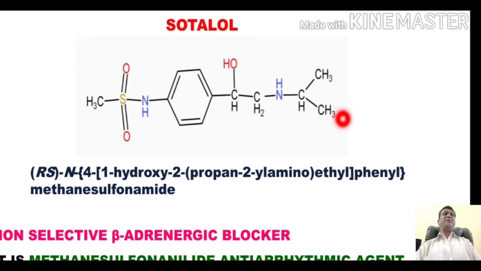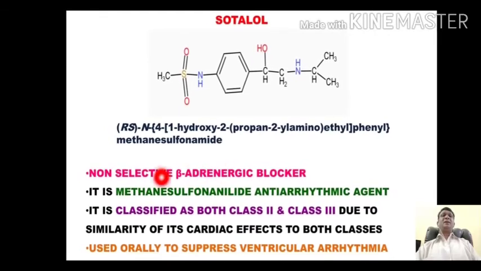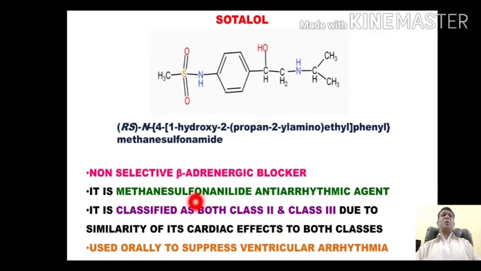This propyl chain is attached through its second carbon with this amino group, so it is called propane-2-yl amino, followed by this 2 carbon chain ethyl, then phenyl, and followed by the name of the basic moiety, methane sulfonamide.